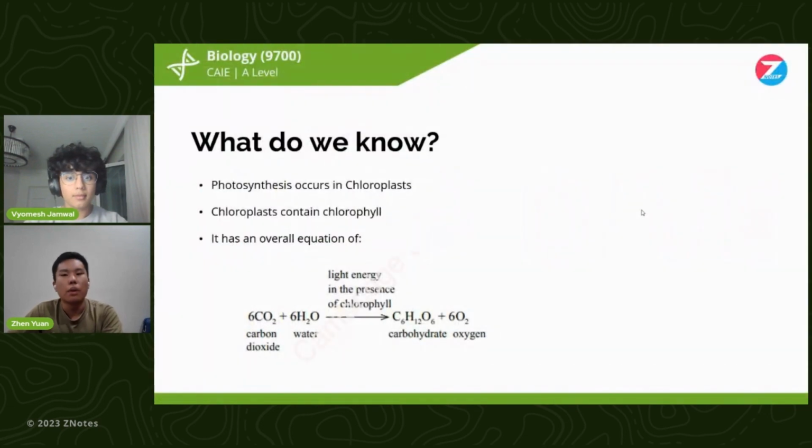So what do you know about photosynthesis? One thing we know is that it occurs in the chloroplast, and the chloroplast contains chlorophyll, and the overall equation of the reaction is 6CO2 plus 6H2O, which is carbon dioxide and water, in the presence of light energy and chlorophyll, it would give us C6H12O6, which is carbohydrate or glucose, plus 6O2, which is oxygen.